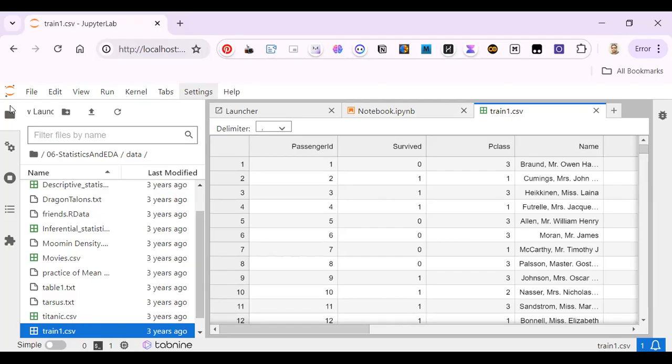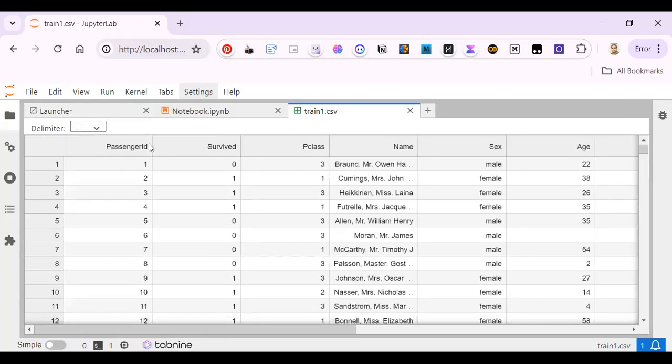Now the question comes here: that is the data, but this is the original data, because they have historical data and all the information, like passenger registration information.